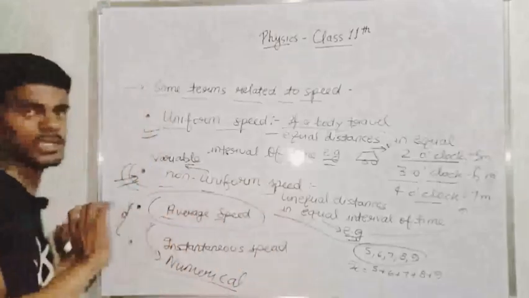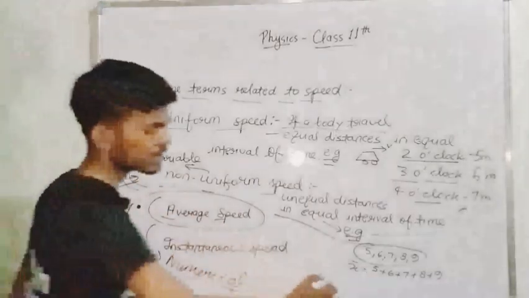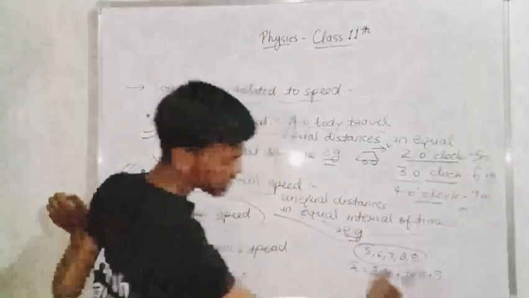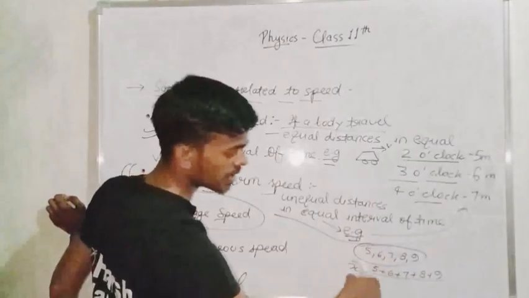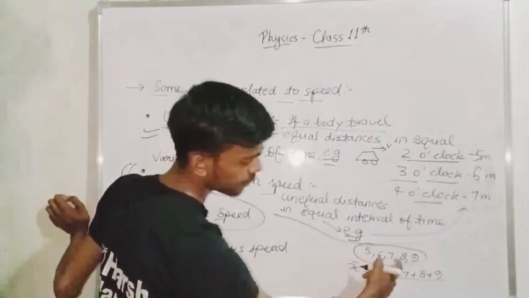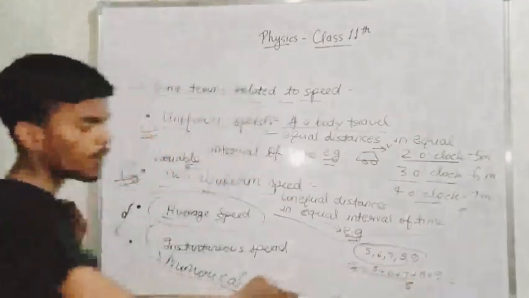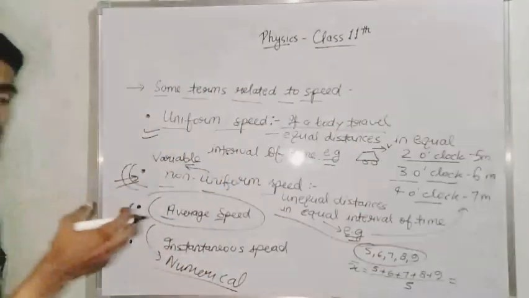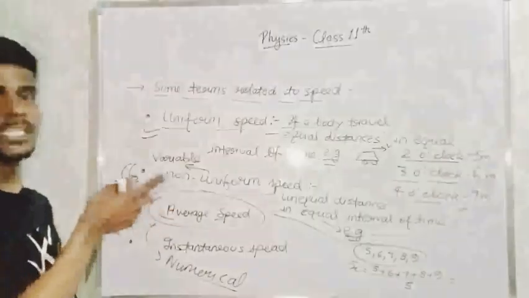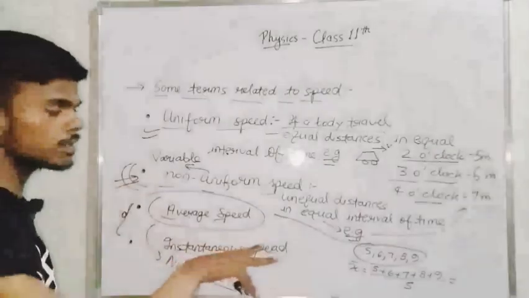You have studied this before in math class. All these numbers are added and divided by how many there are, that is 1, 2, 3, 4, 5, so we divide by 5. The average gives us the value which is common to all the terms.